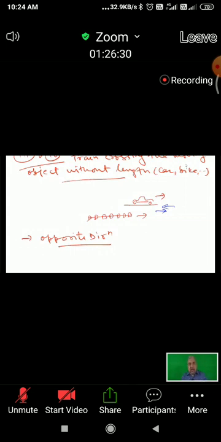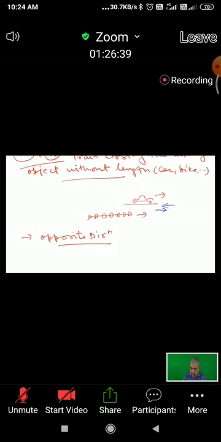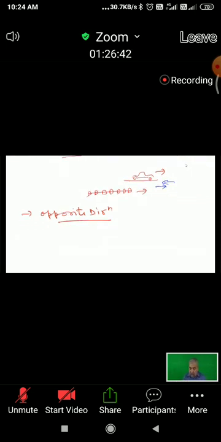To cross the car, the train will cover its own length. Again, they are moving in opposite direction, so relative speed will work. The train has to cover a distance equal to the length of the train, but with relative speed, that is the sum of speed of train plus speed of object into time taken. Length of train equals speed of train plus speed of object into time taken.